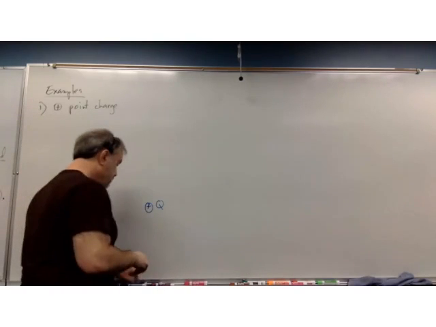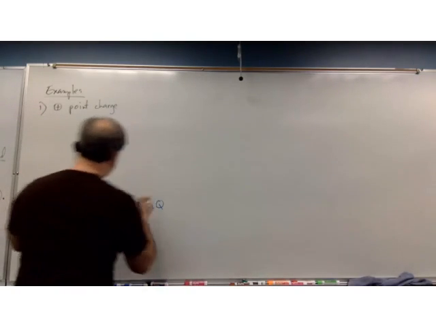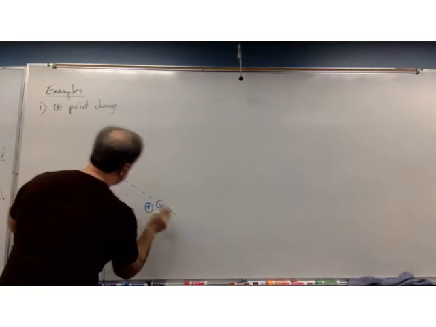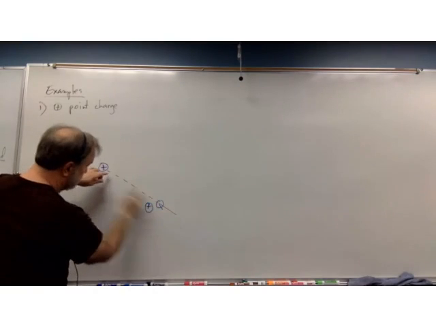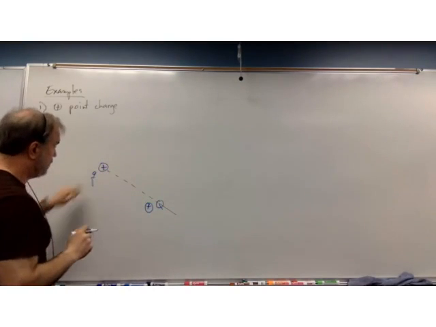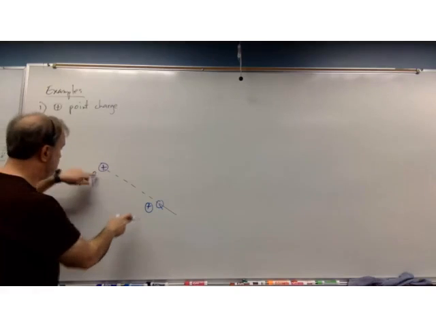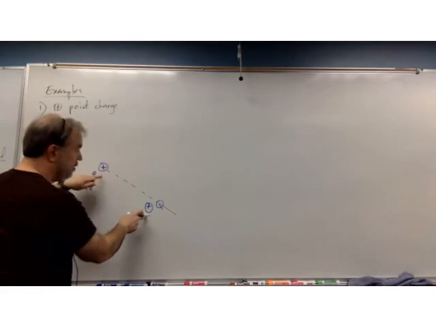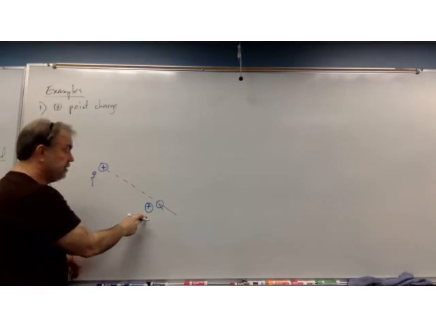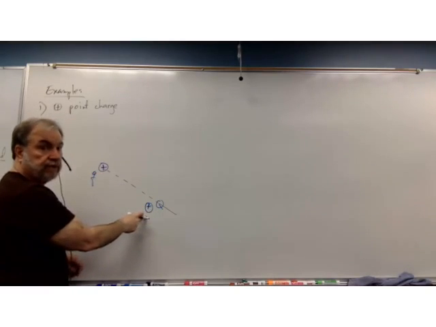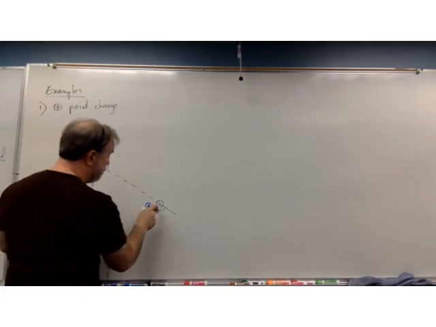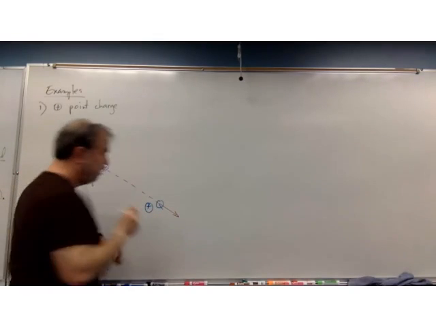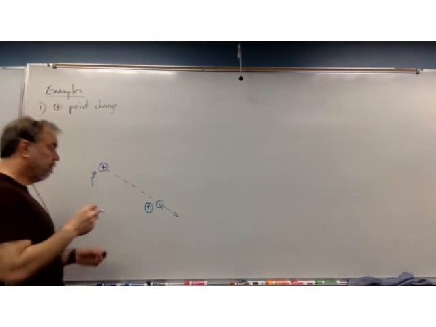Then the force that it would experience would have a direction that is parallel, in fact collinear, with the imaginary line joining little q with capital Q. And since our test charge is assumed to be positive for our definition, then capital Q will be repelled from little q, and so at that location, the force that it would feel would point like that.